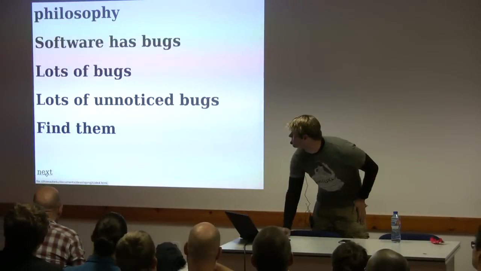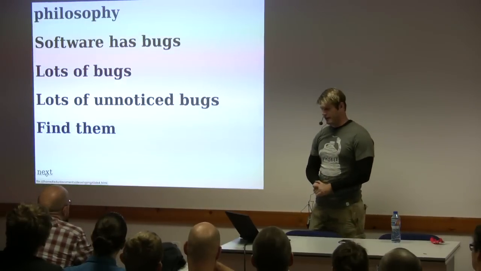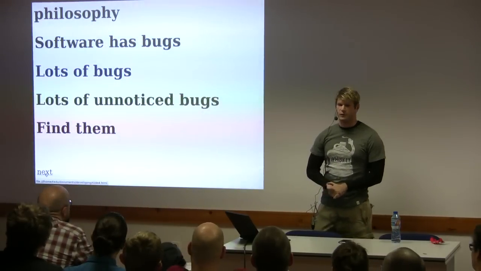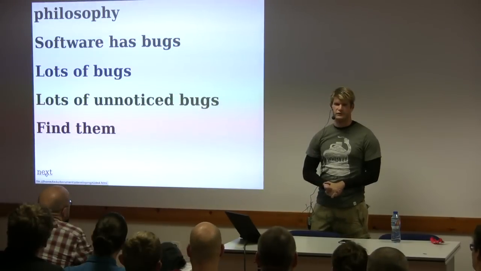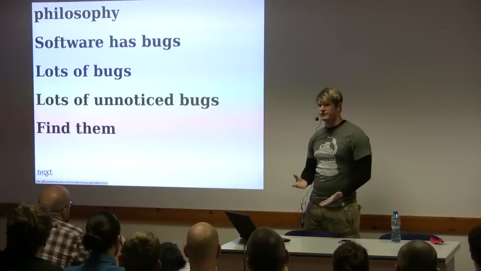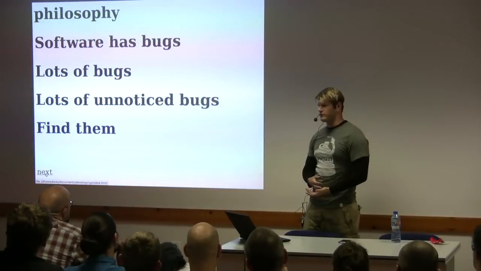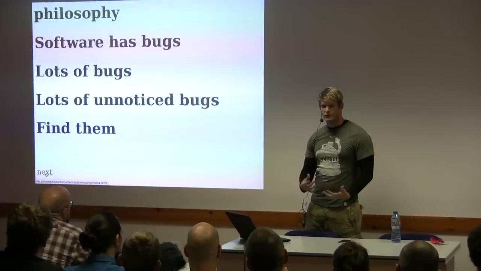And so my philosophy is software has bugs. Everybody knows this. And lots of bugs go unnoticed. But that doesn't mean they're harmless. It just means you haven't noticed them yet. But sooner or later, somebody is going to notice them. And so what we want to do is provide an environment where bugs are noticed as quickly as possible.